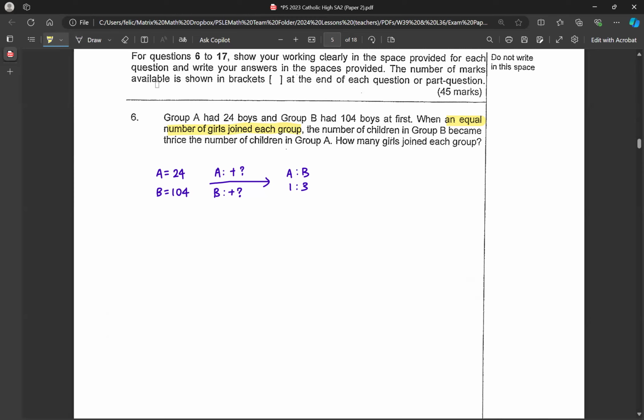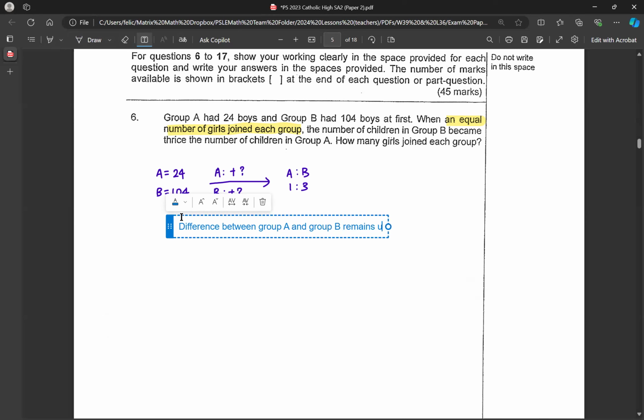When you have the same number of people joining each group, I hope you remember it's the difference between A and B staying the same throughout. Okay, so I'm just going to type that down here. Difference between group A and group B remains unchanged. Remains the same.